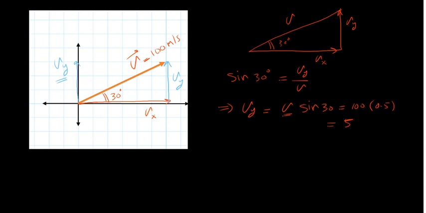That will give me 50, and we have to give it a unit. It's 50 meters per second. So that's the magnitude of the y component of this vector.